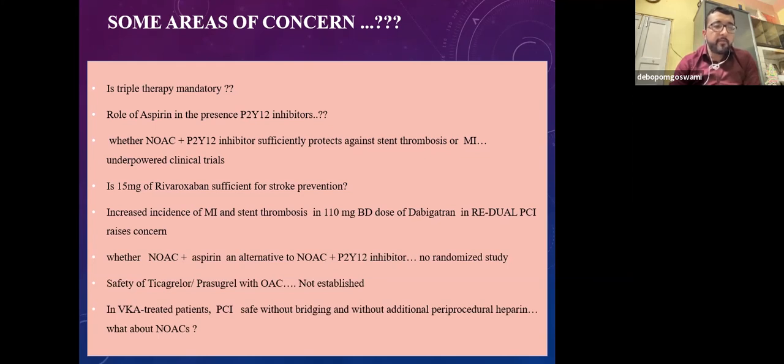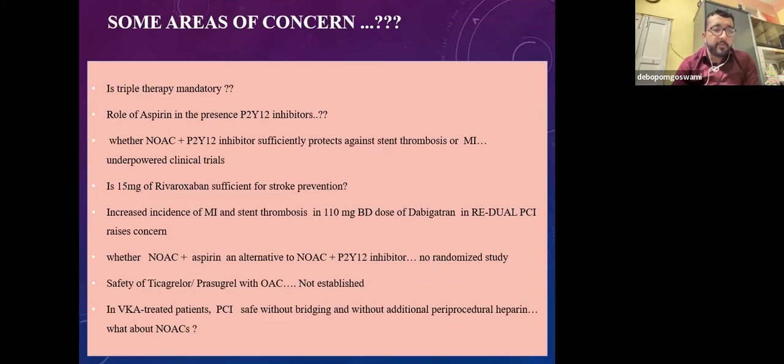Is 15 milligram rivaroxaban sufficient for stroke prevention? The increased incidence of MI or stent thrombosis with the 110 milligram BD dose of dabigatran in the RE-DUAL PCI raises concern. Whether NOAC plus aspirin is an alternative to NOAC plus P2Y12 inhibitor, there are no randomized studies. And safety of ticagrelor or prasugrel with oral anticoagulants is not established.